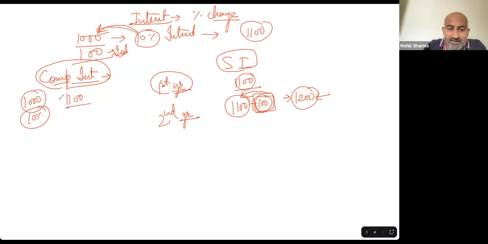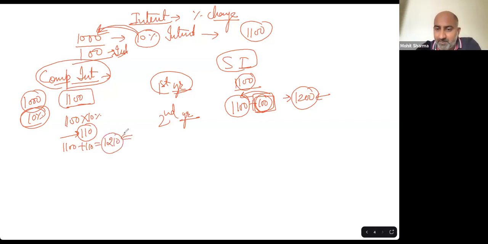In case of compounding, this 10% would be calculated on 1,100. So the interest I'll get would be 110 rupees. So 1,100 plus 110 rupees would be the total amount at the end of the second year. Understood? That's the difference between compounding and simple interest. In simple interest, your interest is calculated on the same principal amount every year.